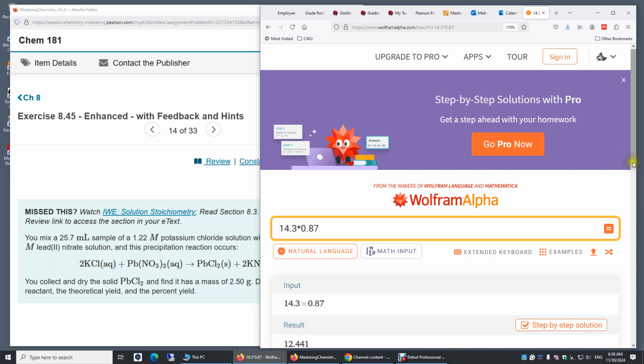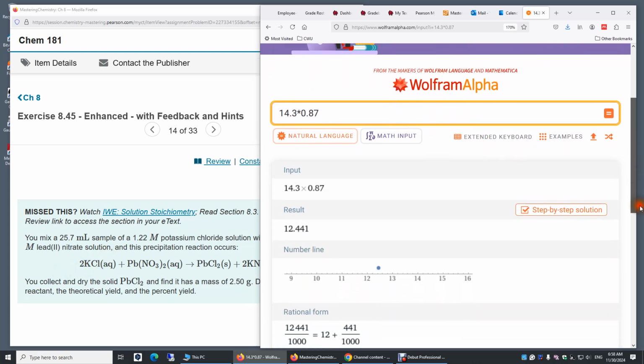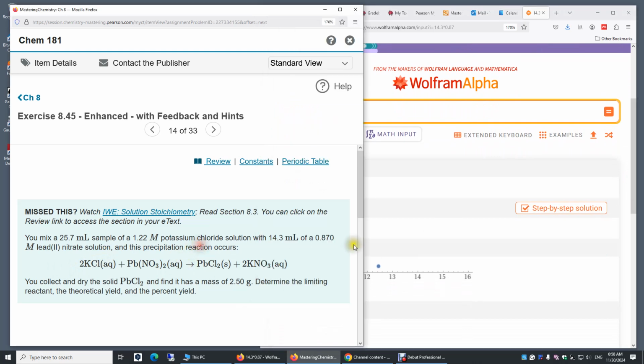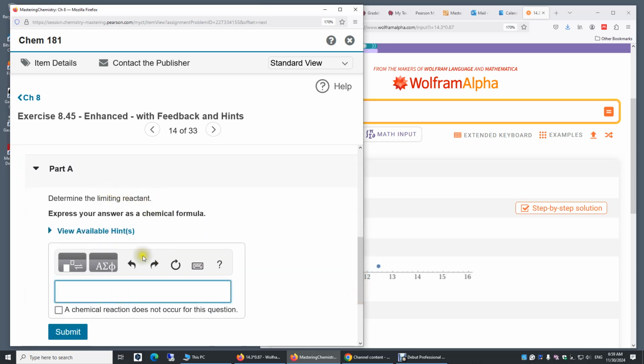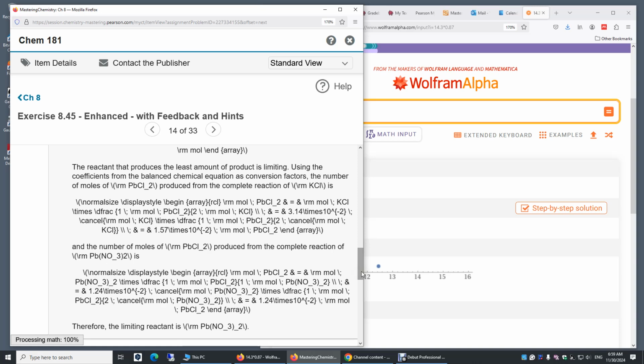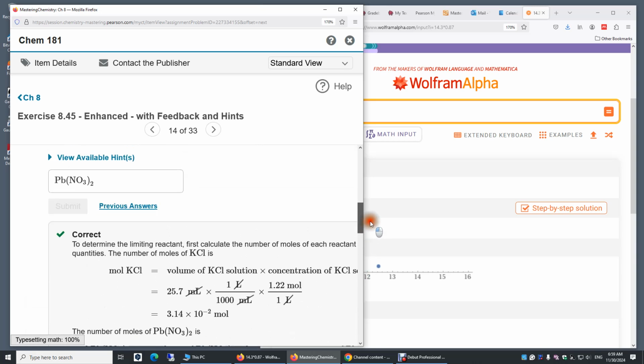So 12.44 is the smaller value, and this lead-2 nitrate is the limiting reactant. Limiting reactant is this. Submit. Alright.